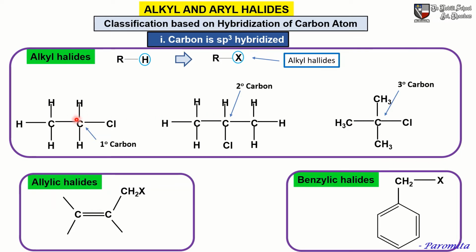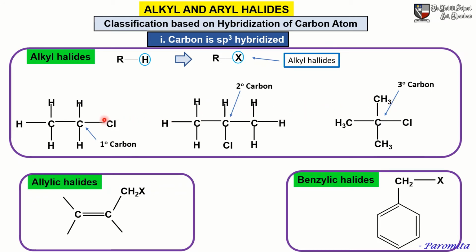See this one. This carbon that is attached to Cl, this carbon is sp3 hybridized. This one also sp3 hybridized. And this carbon that is attached to this Cl is also sp3 hybridized. Now this alkyl halides can further be classified into 1 degree alkyl halide, 2 degree alkyl halide and 3 degree alkyl halide.